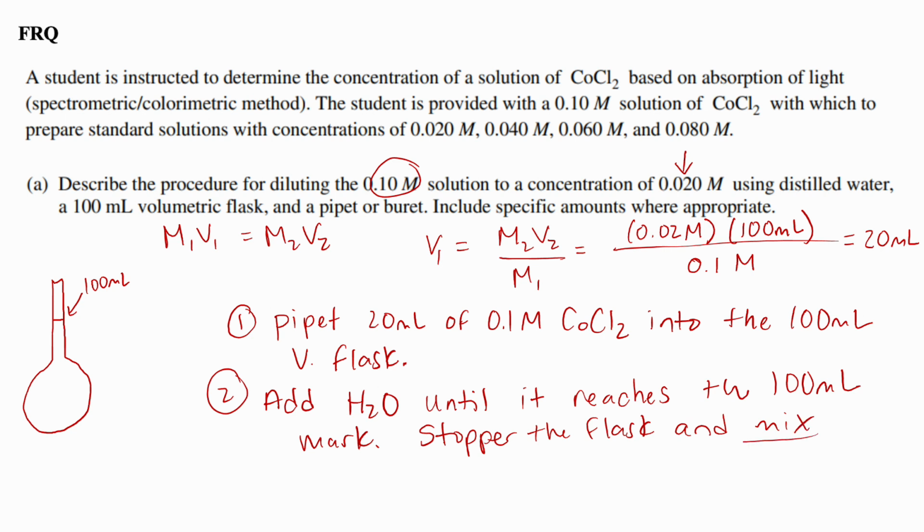So this is the bare minimum of the procedure that you would need. This 20 milliliter piece was important to actually write down the procedure because you needed to know how much to add of that 0.1 molar CoCl2 into the flask. So that was a key component, was solving for this 20 milliliters of CoCl2.